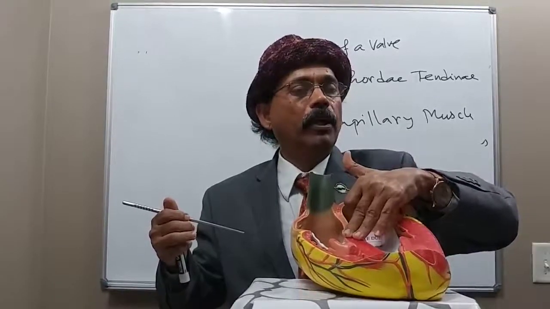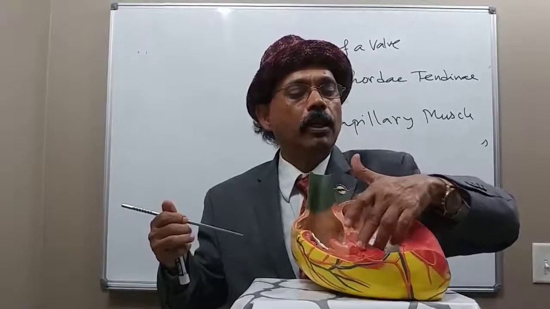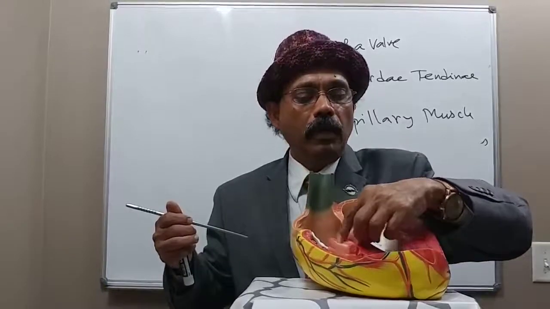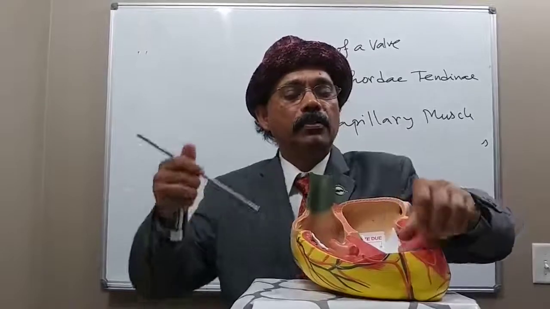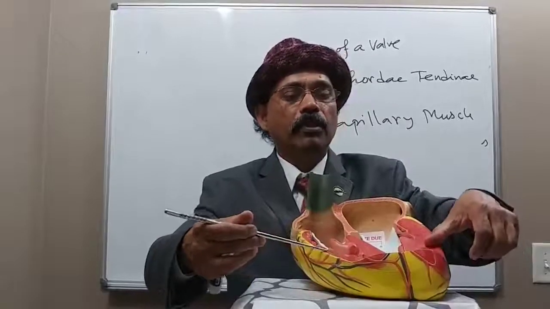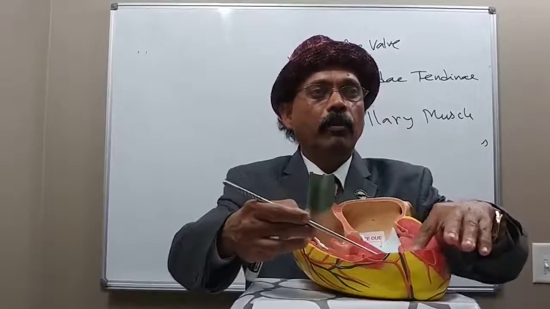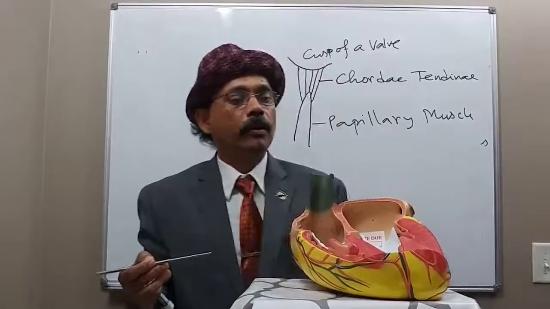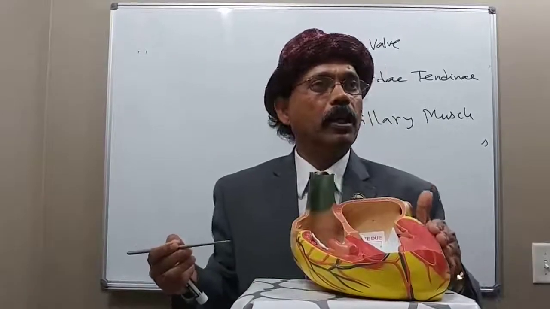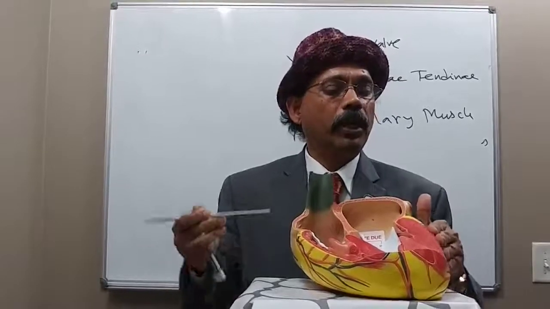Then we have bundle of His or AV bundle. Then we have the left branch, right branch. Then we have the Purkinje fibers in the wall of the ventricle, towards the myocardium and then towards the endocardium. So this is epicardium or visceral layer of serous pericardium.